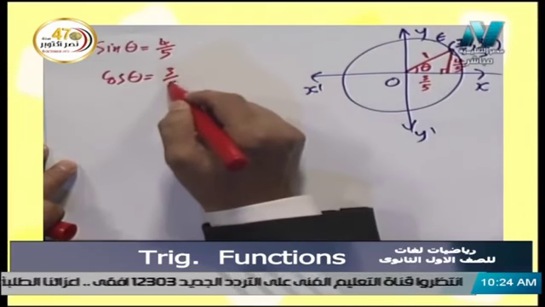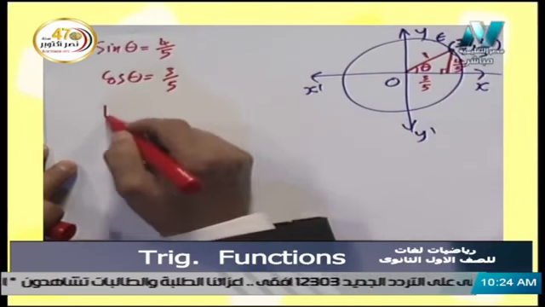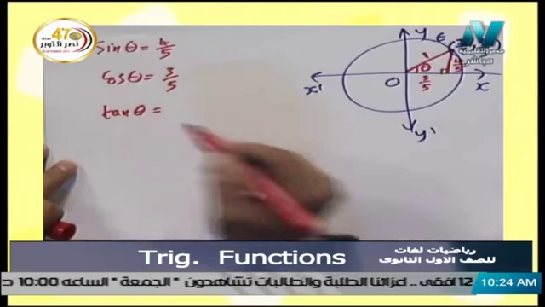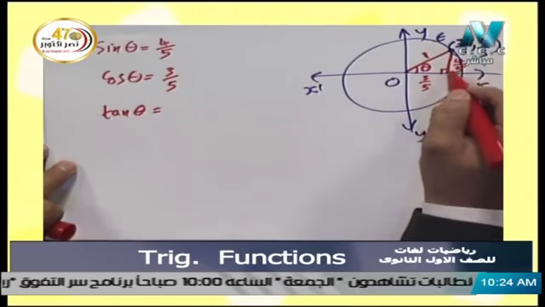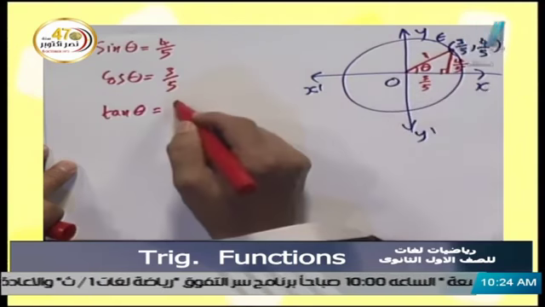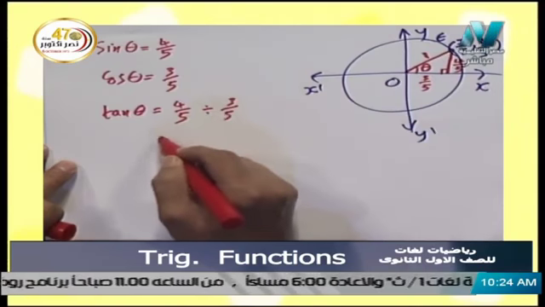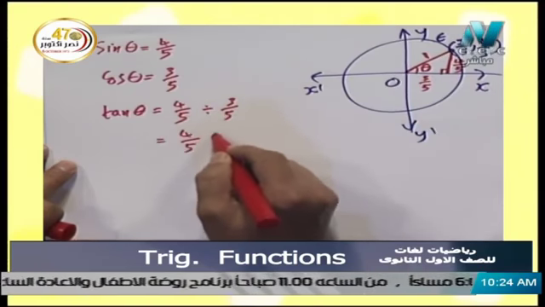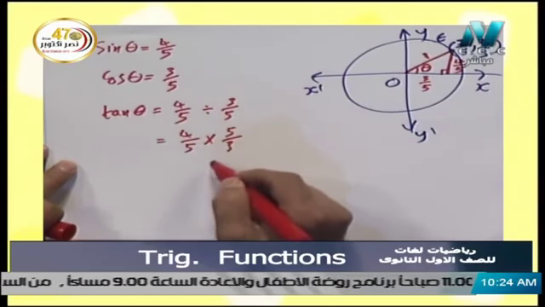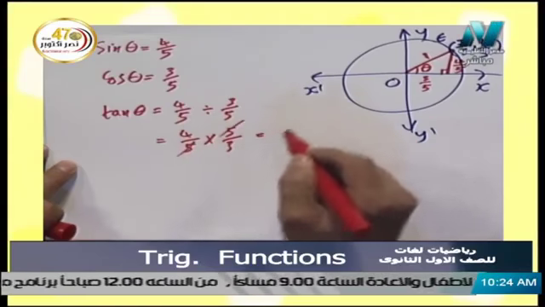So it's 3 over 5. And tan theta equals opposite over adjacent, equals 4 over 5 divided by 3 over 5, equals 4 over 5 multiplied by 5 over 3. Cancel 5 with 5. So it's 4 over 3.